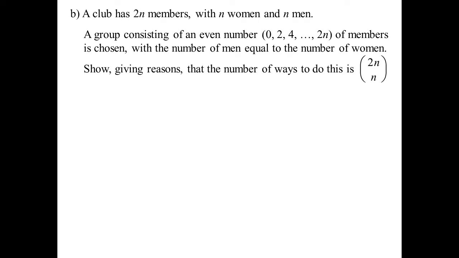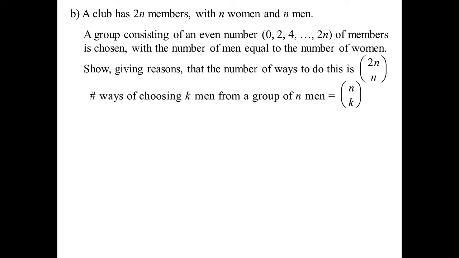How can you have a group with none in it? But anyway, in their questions they defined that to be a group of 0. But then you could have a group of 2, a group of 4, up to a group of 2n. The reason it's even is because they're saying it always has an equal number of men and women in the group. Show, giving reasons, that the number of ways of doing this is 2nCn.